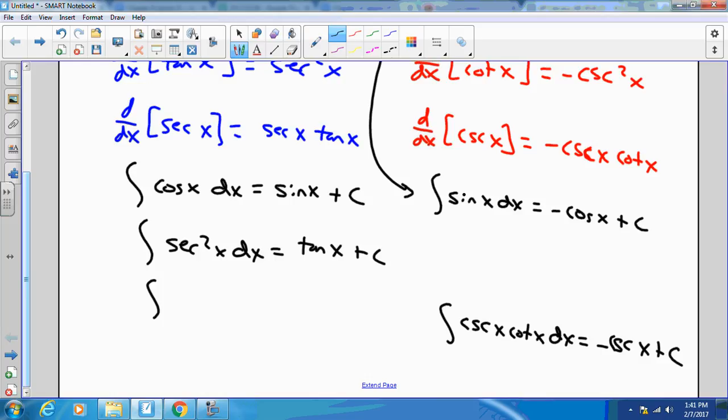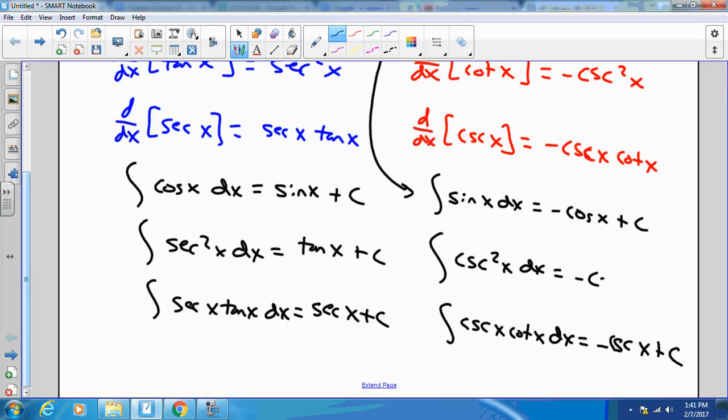Good. Clara. Antiderivative of secant x tangent x dx equals secant x. Good. And then the last one, the antiderivative of cosecant squared x dx is negative cotangent x plus c.